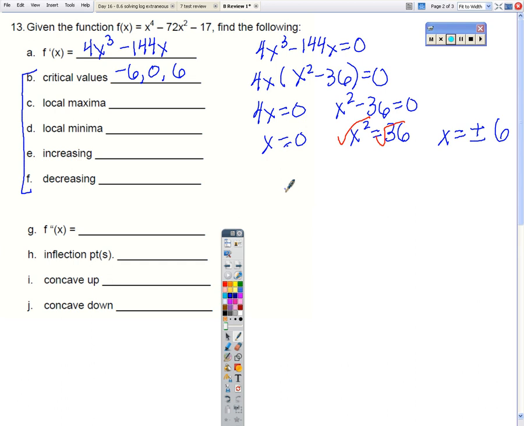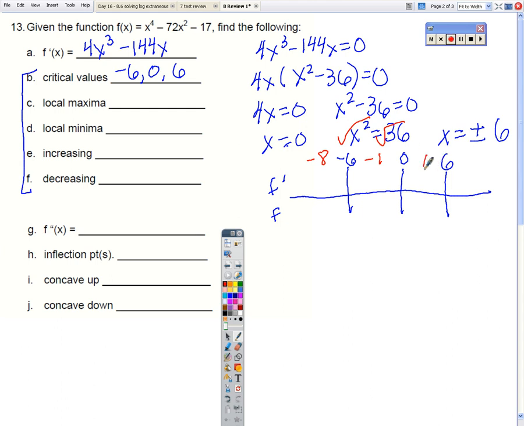We have to do the first derivative test to find where we have a max or a min. So I'm going to make a little chart here and put my values in order. We're going to pick any value less than negative 6, so let's choose negative 8. Any value in between, negative 1.